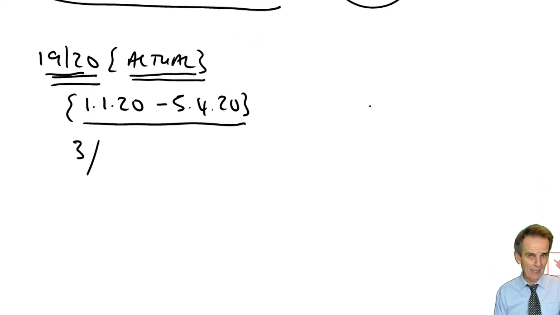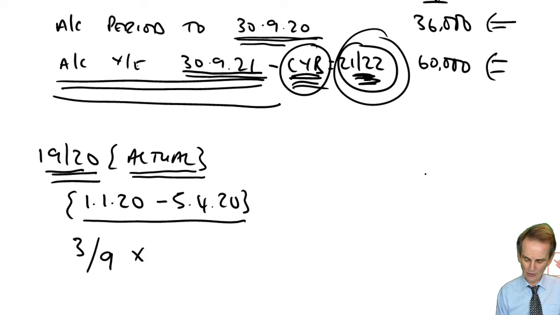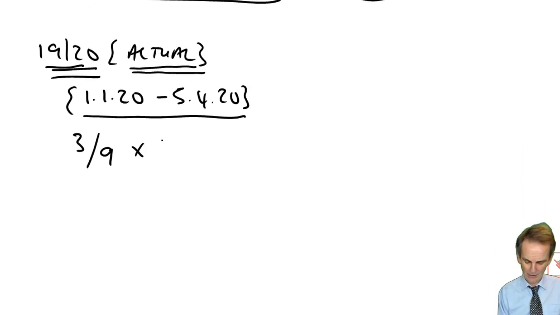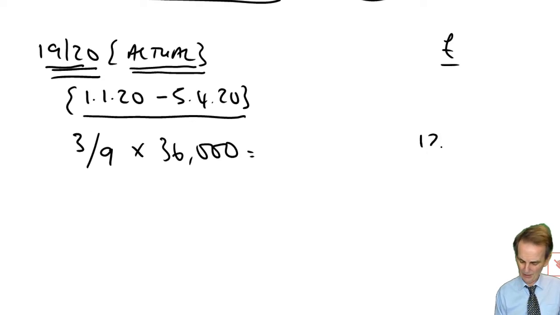So remember, check your numerator: start date to the following 5th of April, 3 months. What's your denominator? How long was that opening period? It was 9 months. What was the profit for that period? That was £36,000. 3/9 of £36,000, well, that's a third of 36, so that's going to be £12,000.